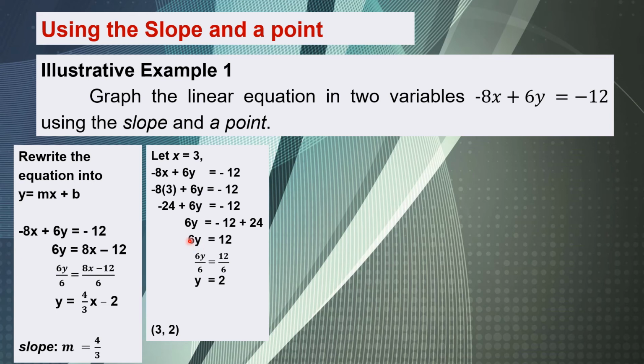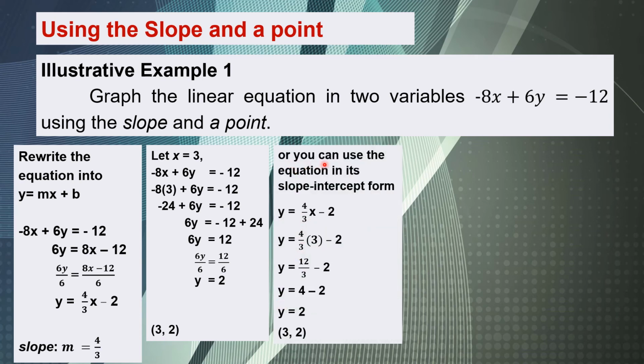Now, kailangan y lang ang matira. So, yung 6 ay kailangan matanggal. Para matanggal yung 6, kailangan natin mag-divide both sides by 6. So, 6y divided by 6 is equal to y. 12 divided by 6 is equal to 2. So, yung ating point ay 3, 2.